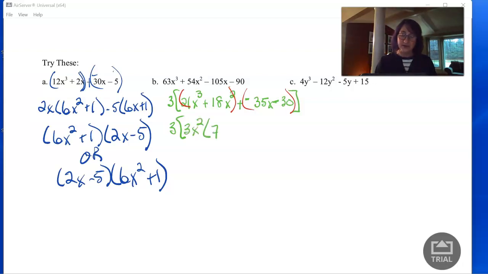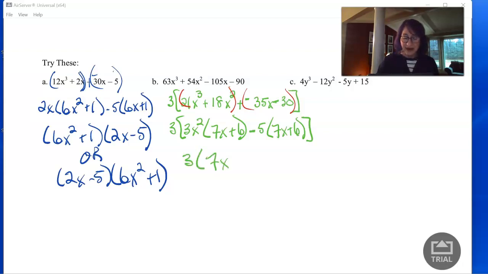And so you're left with 7x plus 6. And then out of the second one, take out a negative 5. And so you're left with 7x plus 6. So then your final factored form is 3 times 7x plus 6, 3x squared minus 5.